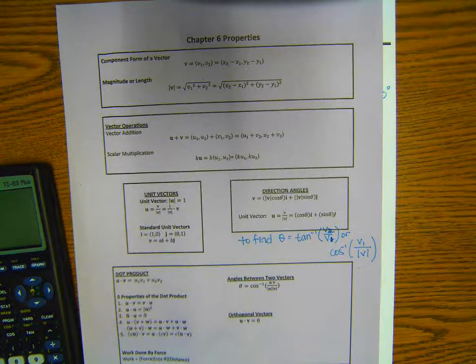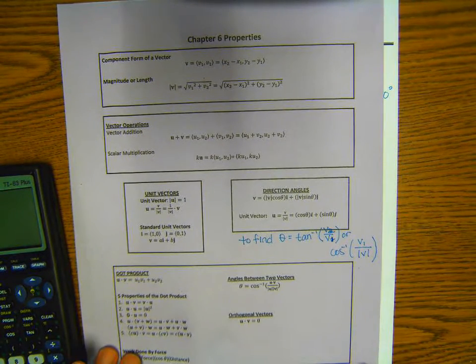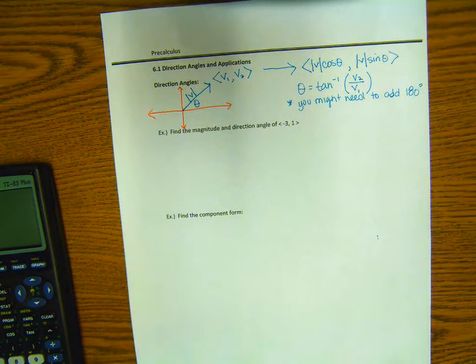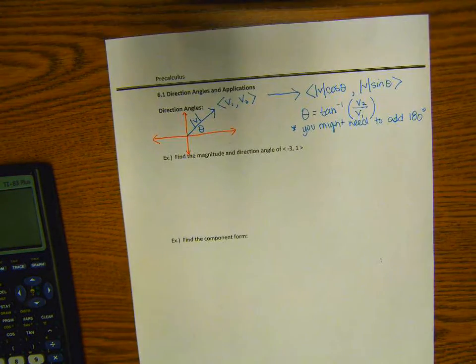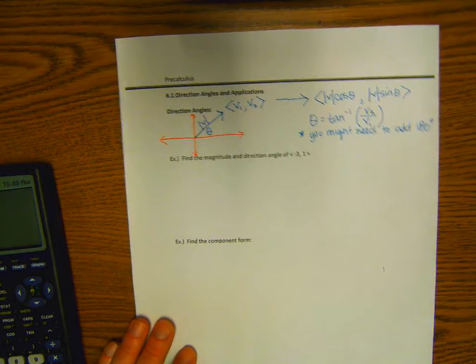So let's use this concept and we'll do two different things. The first one, I ask you to find the magnitude and direction angle. So we're going to find theta of negative 3, 1. So let's just draw negative 3, 1 so we know what it looks like.